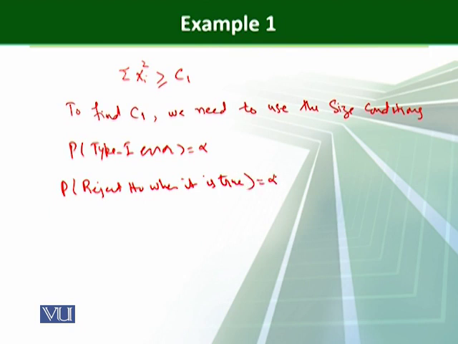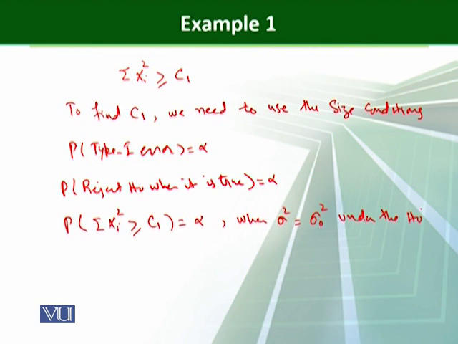We apply this: the probability that sum xi square is greater than or equal to c1 is equal to alpha when sigma square is equal to sigma naught square, under the null hypothesis. In other words, under H naught. We need to find the distribution of sum xi so that we can find this probability.